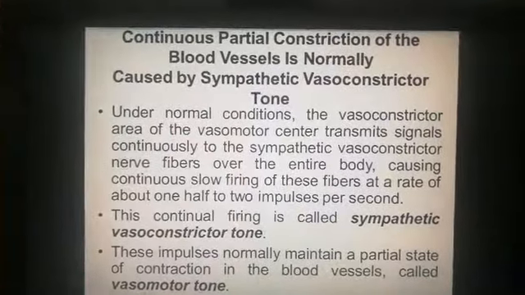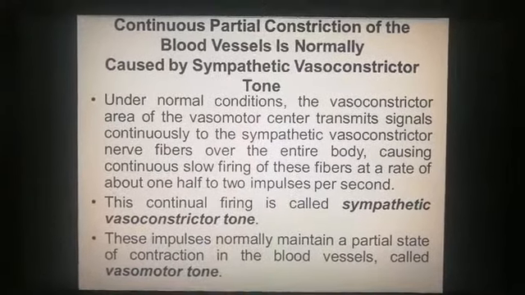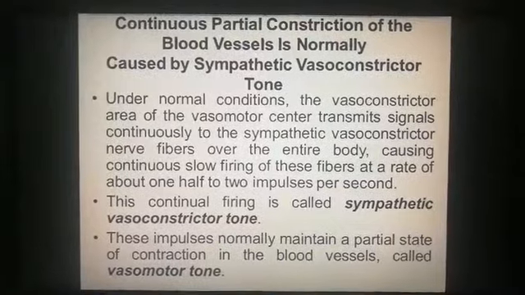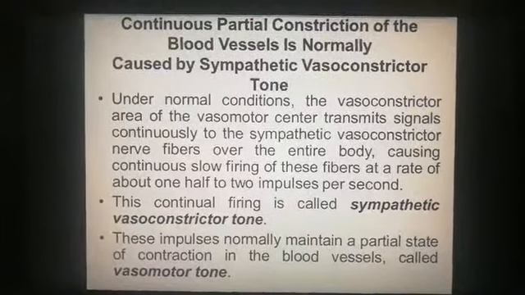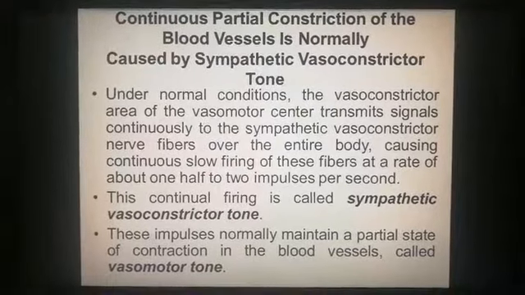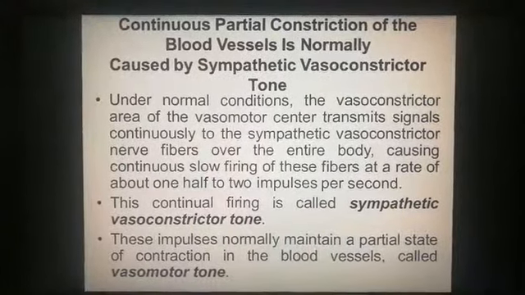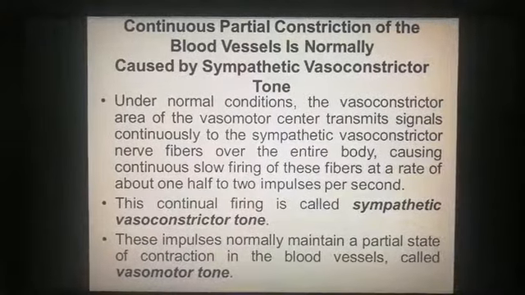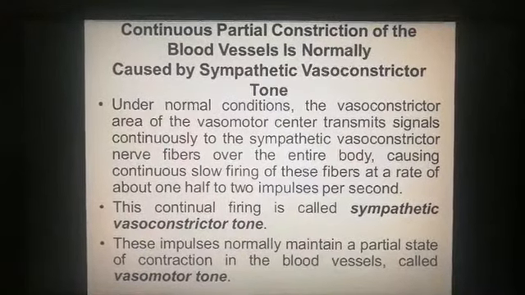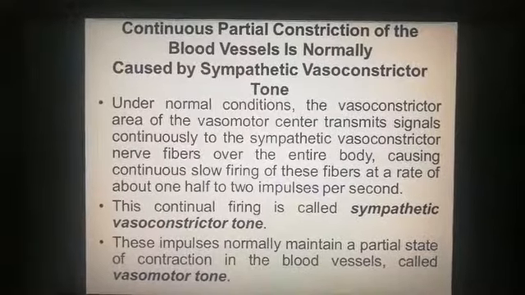Continuous partial constriction of blood vessels is normally caused by sympathetic vasoconstrictor tone. Under normal conditions, the vasoconstrictor area of the vasomotor center transmits signals continuously to the sympathetic vasoconstrictor nerve fibers over the entire body, causing continuous slow firing of these fibers at a rate of about one half to two impulses per second.